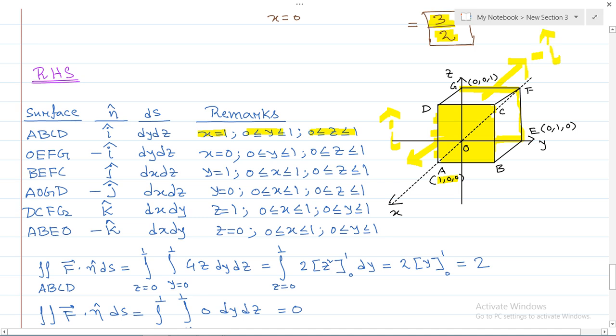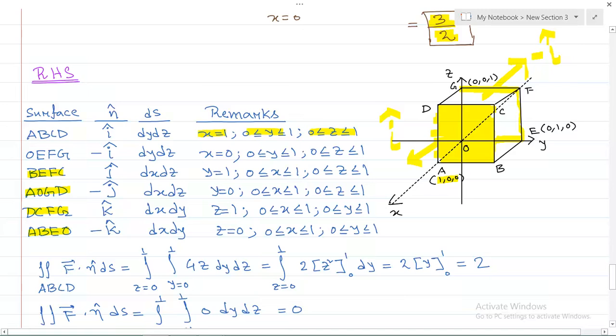It is quite similar to the previous question. As like that we have made the table. Similarly BEFC j cap, AOGD minus j cap, DCFG k cap, ABEO minus k cap.